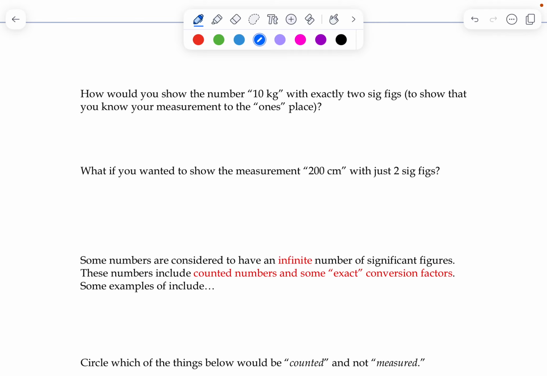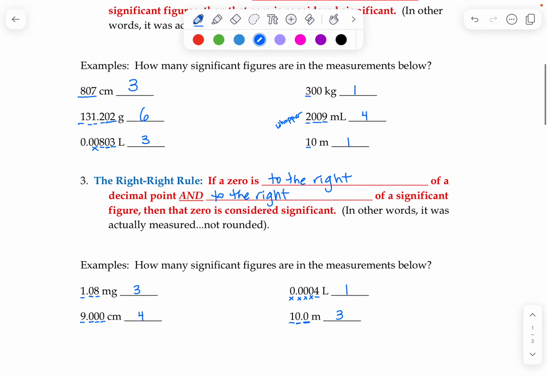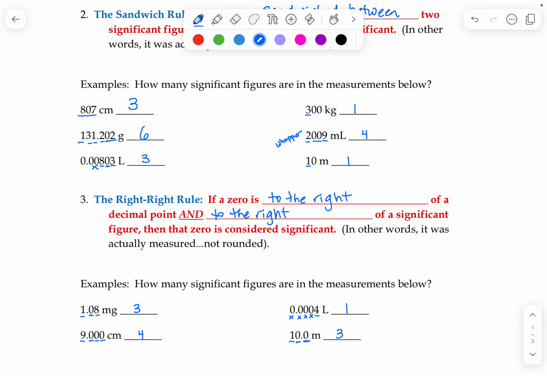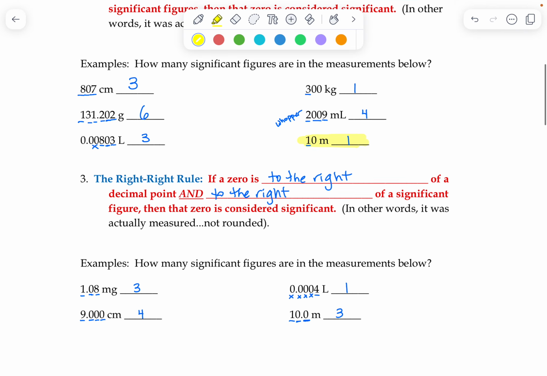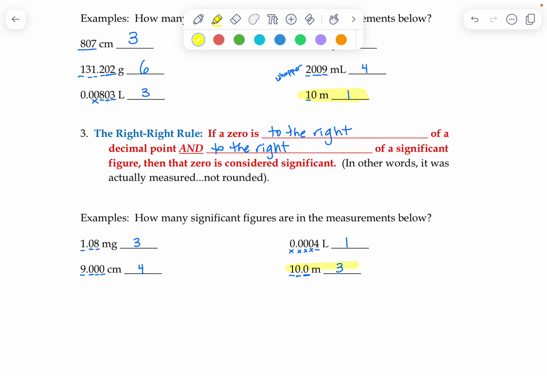Now, if you were paying attention in that last video, you saw that when we had something that was right here, 10 meters long, it had one significant figure. When it was 10.0 meters long, it had three significant figures.